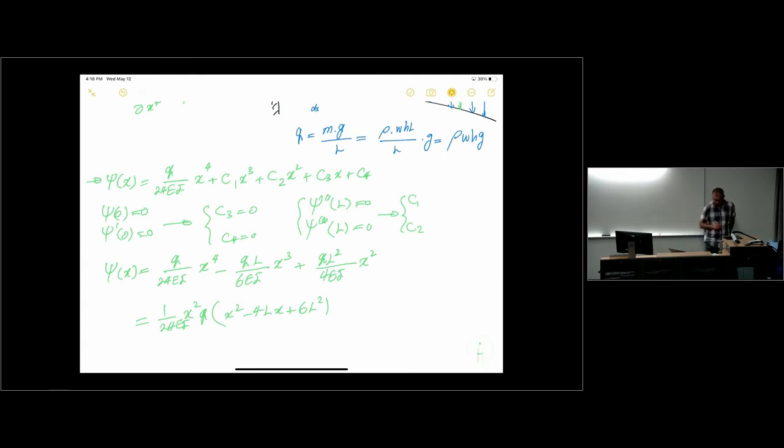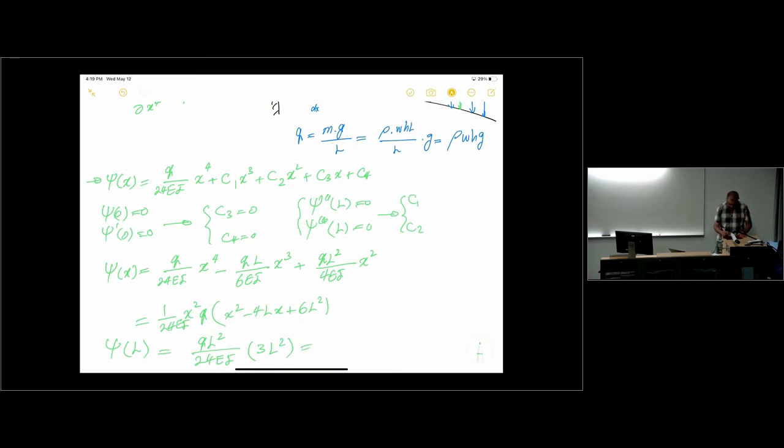And now you can go and figure out what is the deflection at psi of L. So just plug L in here. Psi of L is Q L squared over 24 EI times L squared minus 4 L squared plus 6 L squared. So that's 3 L squared here as well, right?